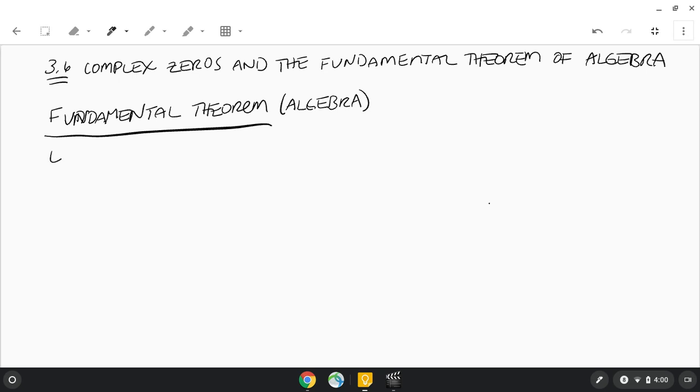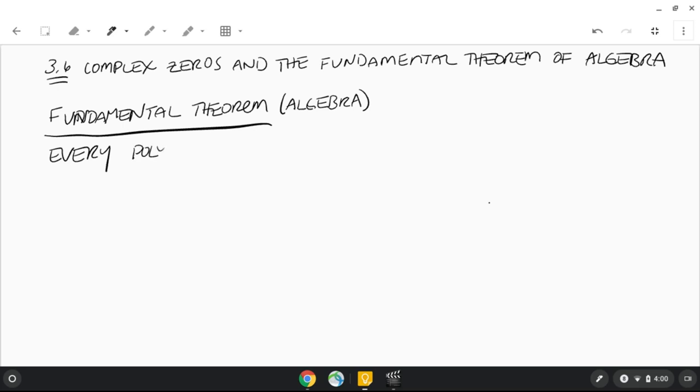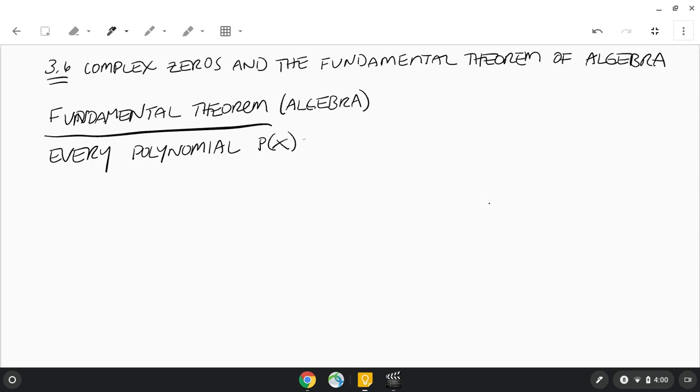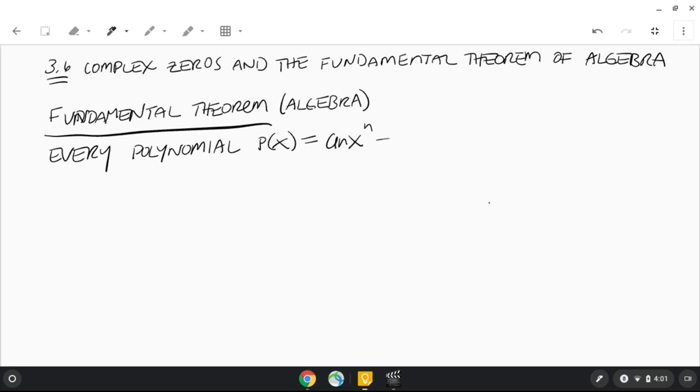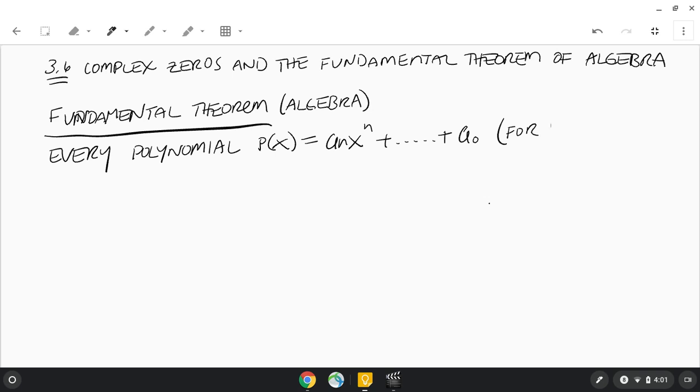Okay, so every polynomial p of x, which is some degree n, whatever that is, some nth degree polynomial. And of course, this is for n greater than or equal to 1 and a n not 0. That's just for simplicity's sake.